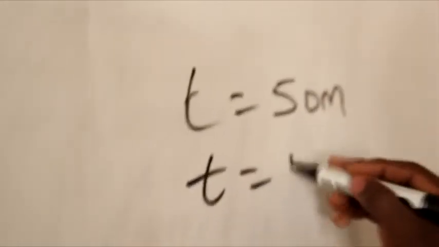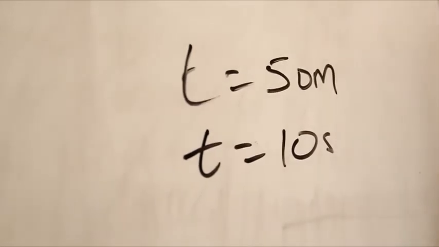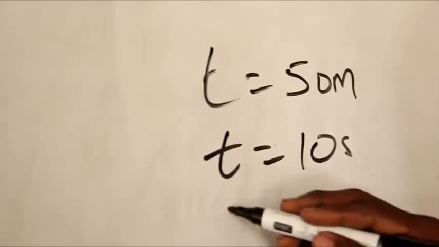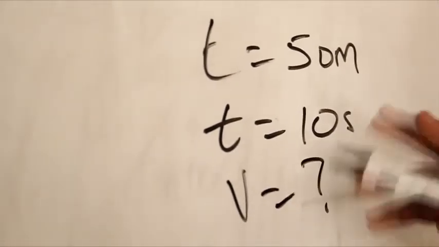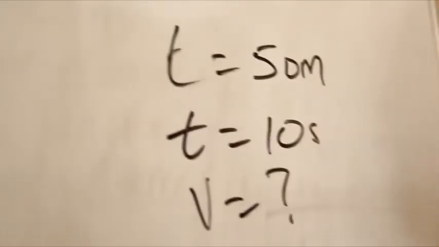That means the time is 10 seconds. How would you do it? So you have to find the velocity of this boy who ran 50 meters in 10 seconds.